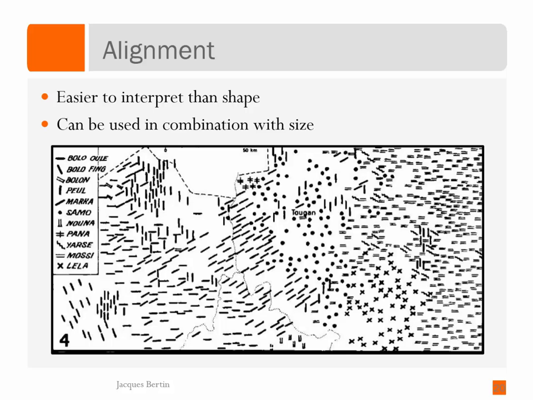Now we'll look at alignment. Alignment is typically a little easier to interpret than shape. Let me explain what alignment is. If you can imagine that we have dashes, we can put dashes straight across, from left to right or east to west, west to east.